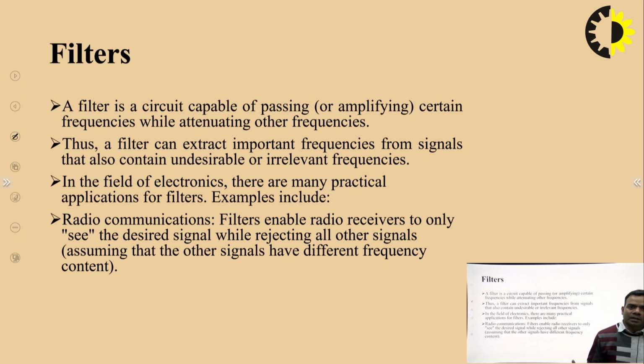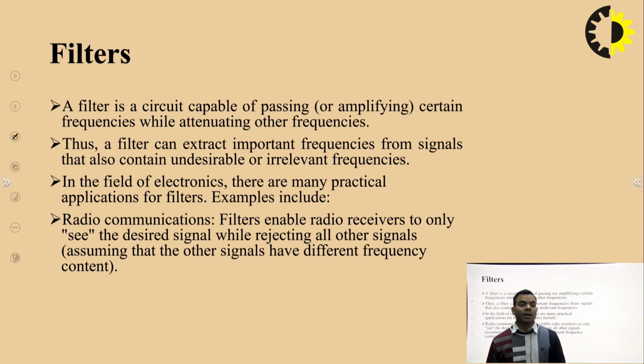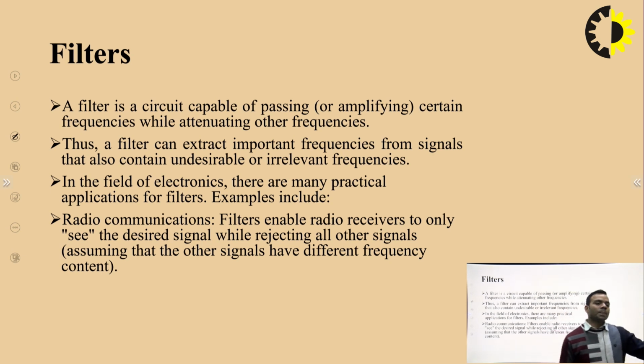Actually, there is no device which can fully or instantly, after any particular frequency, stop all the frequencies, and before that pass all the frequencies. Rather than this, the circuit will attenuate frequencies, but we cannot say that at the frequency of 1 kilohertz it will pass, and at the frequency of 1.1 kilohertz it will fully stop the signal of that frequency.